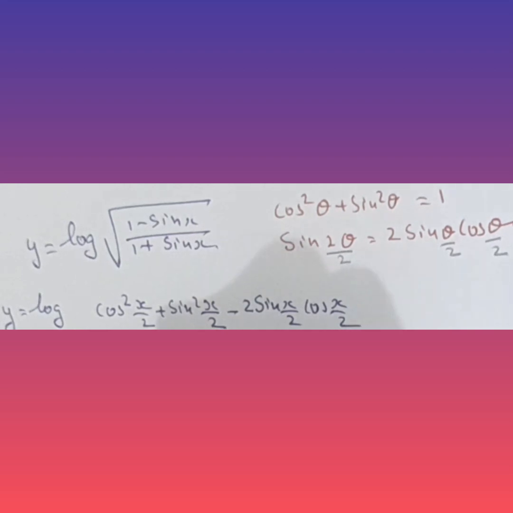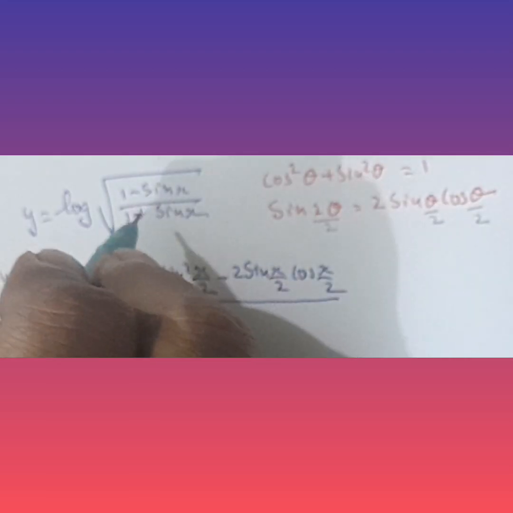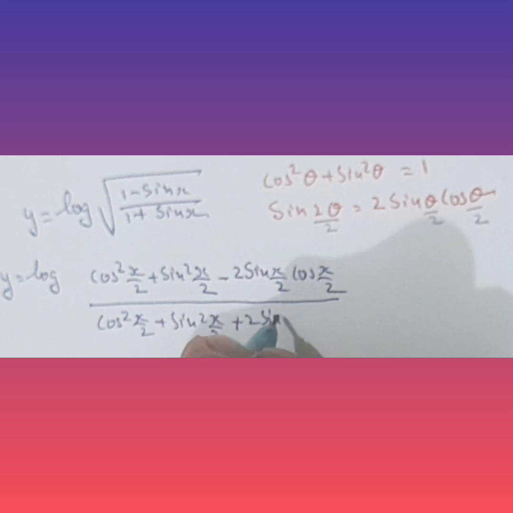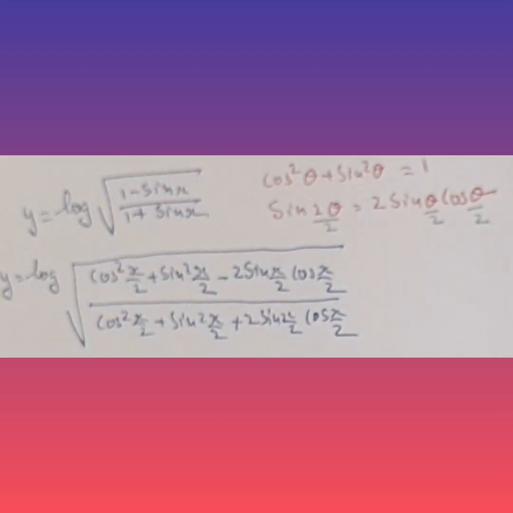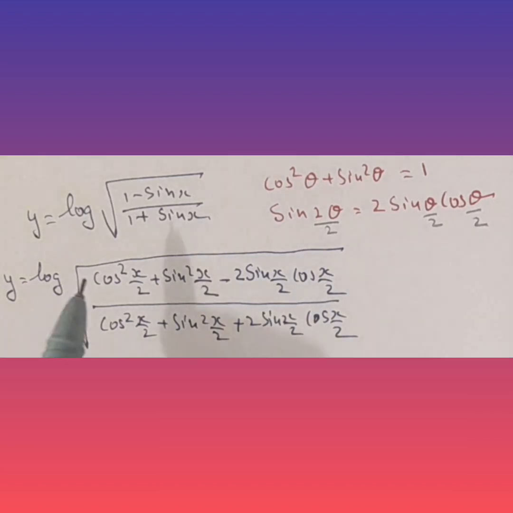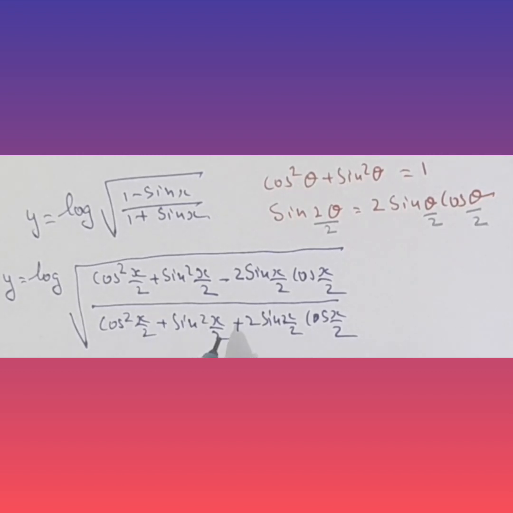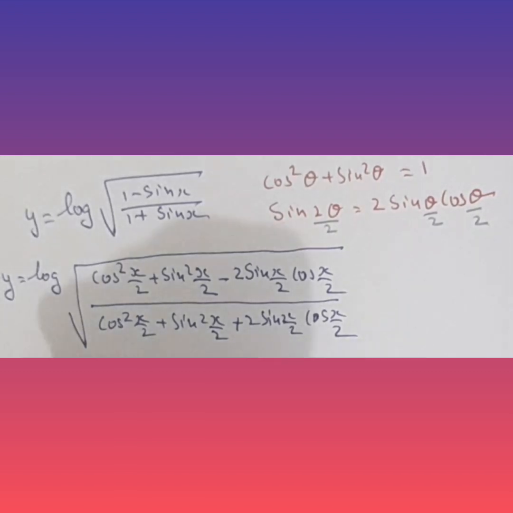This is the numerator part, and similarly it is cos square x by 2 plus sin square x by 2 plus 2 sin x by 2 cos x by 2. Now don't you think it is a square plus b square minus 2ab, and this also is a square plus b square plus 2ab. So our mission is achieved.